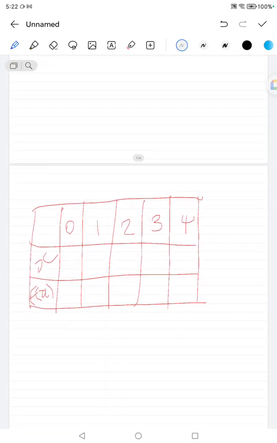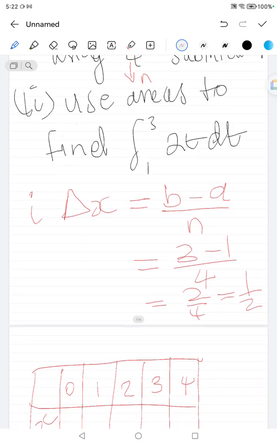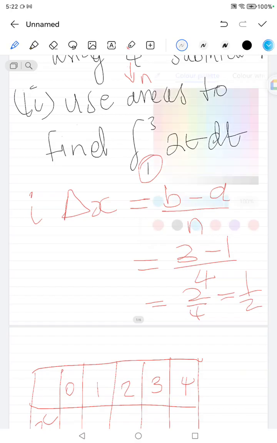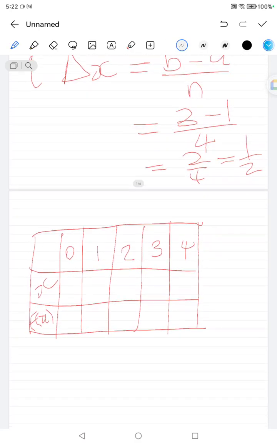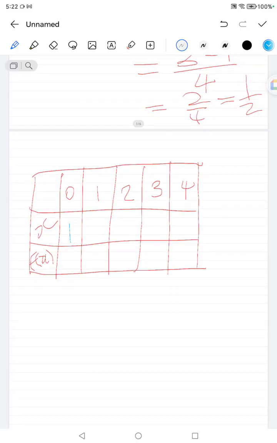Then you check, what is your a? Your a is this one, which is your 1. Then it means now you can write your 1 this side, and now you are adding 1 plus 1 over 2, so this will give you 1.5, then 1.5 plus 1 over 2 gives you 2, then 2 plus 1 over 2 gives you 2.5, then 2.5 plus 1 over 2 gives you 3.